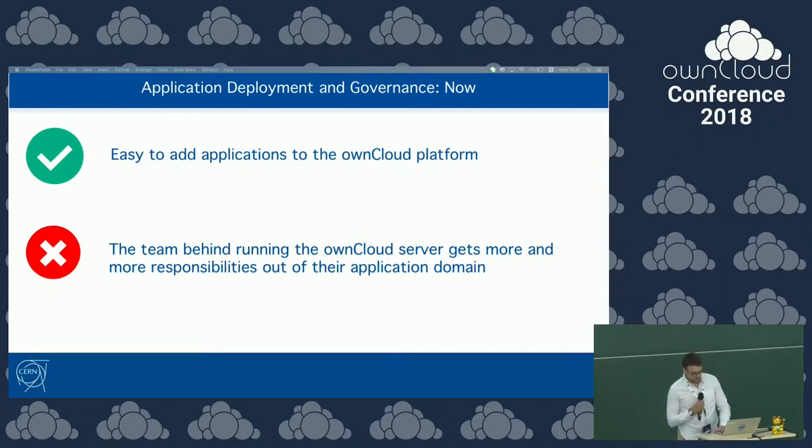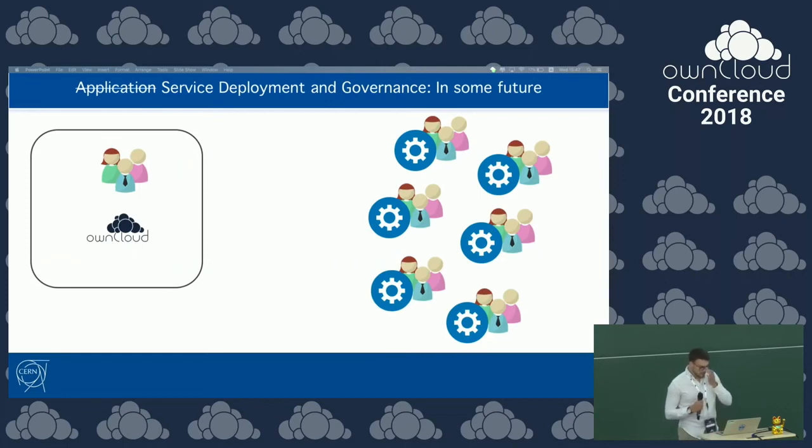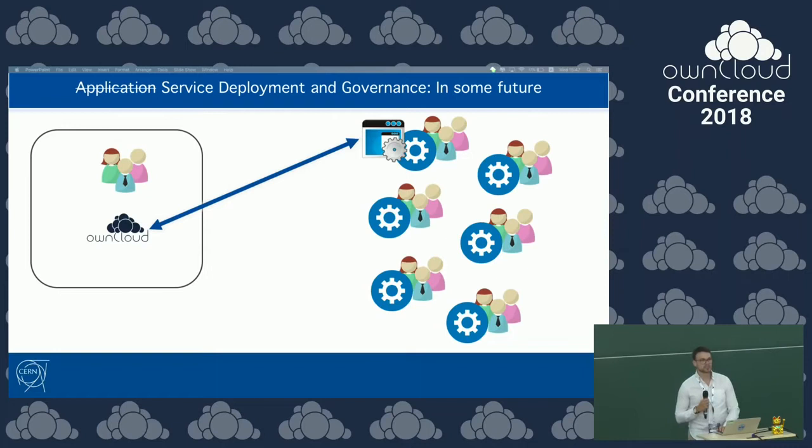So another approach that we are testing with CERNBox is the following. Instead of developing applications, we develop services. And these services, now we push them to the provider. These are companion servers that can run alongside the service provider, like close to, for example, Office 365 or others.